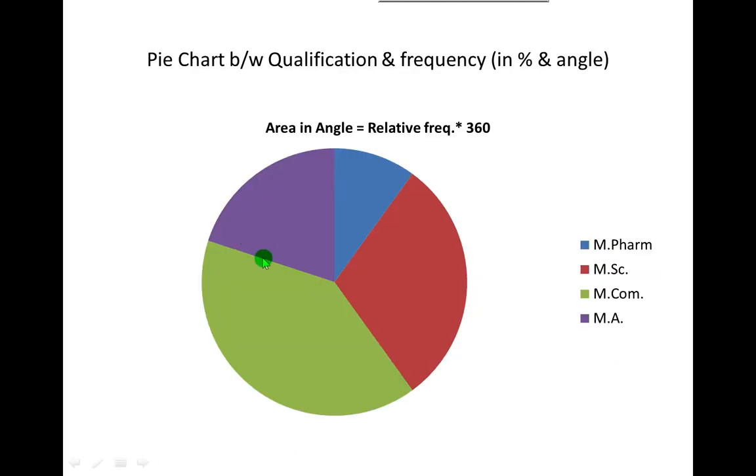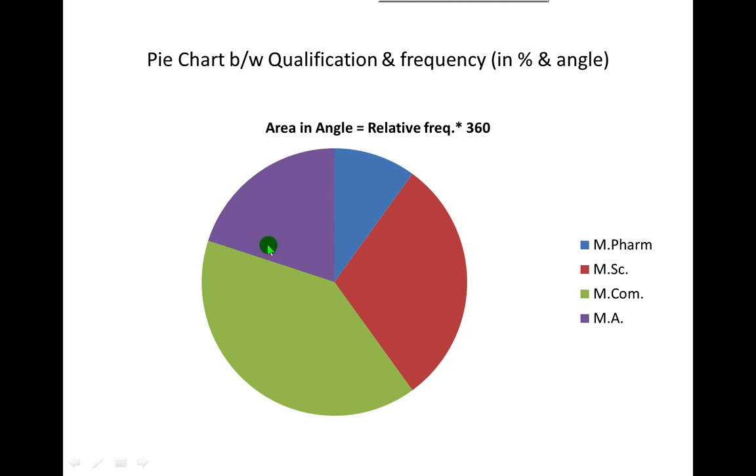But it is difficult to draw an arc of 108 degrees directly. So we add 36 and 108, which will be equal to 144, and start from the same 0 point and draw another arc of 144 degrees.